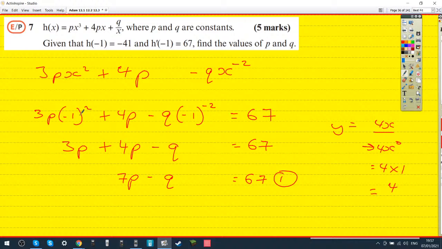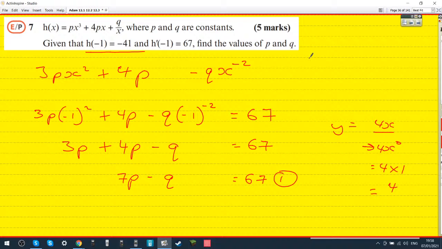So our first equation was subbing minus 1 into h dash of x. Do you want to sub another number in for hx, not h dash of x? Well done. But what number would you sub in? Well, we're told the h of minus 1 is minus 41.